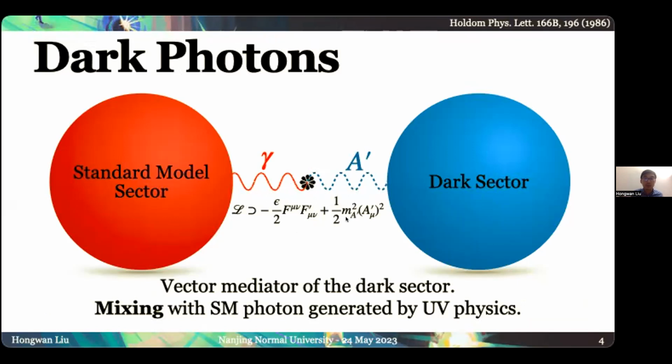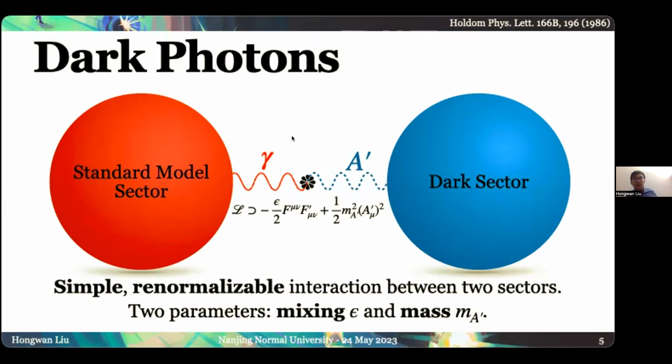And in general, of course, the dark photon could have a mass given by m_A' squared. And so this weak interaction or mixing between gamma and A prime is the thing that is responsible for any interactions between things in the standard model sector and things in the dark sector.